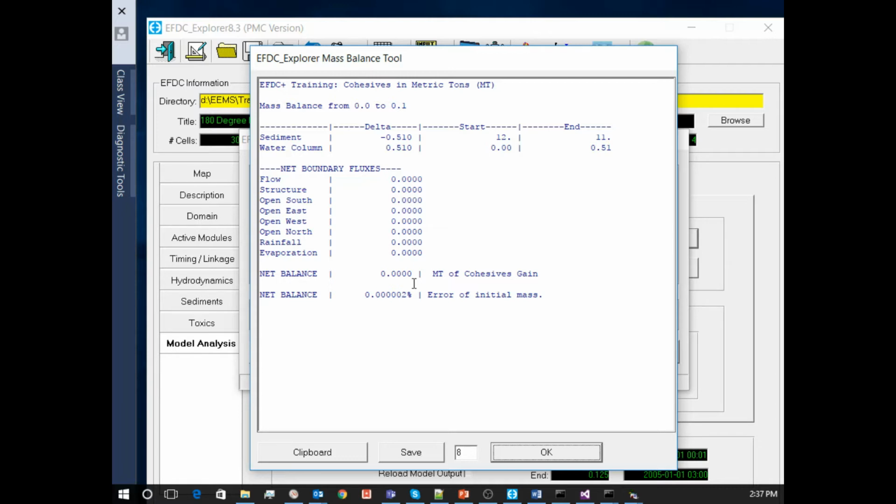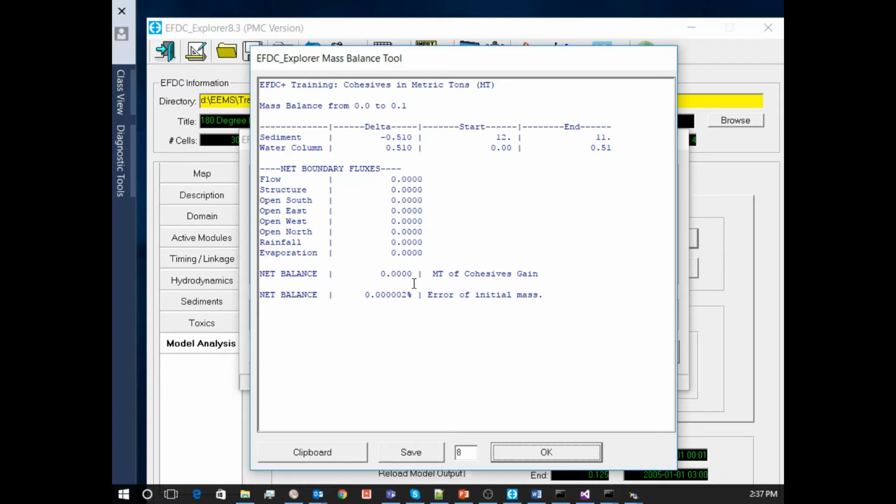The way you read this is that everything is converted to a common unit. In this case we're looking at cohesives, so everything's been converted to metric tons. When we were looking at toxics, it's converted to grams or kilograms, I think. I'd have to look, but the units are all consistent.